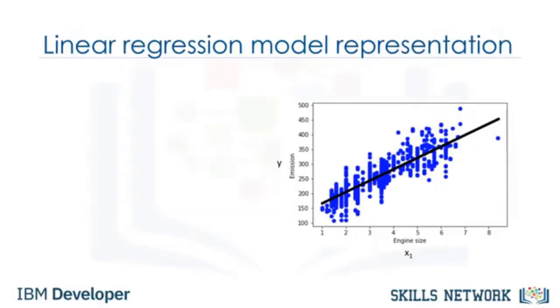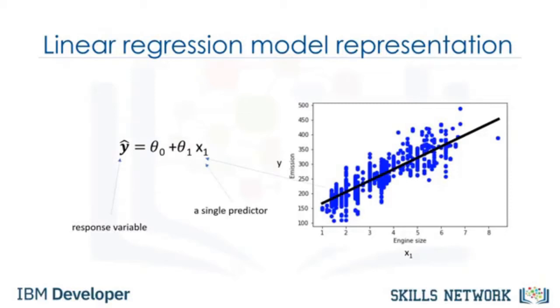Let's talk about what the fitting line actually is. We're going to predict the target value y in our case using the independent variable engine size represented by x1. The fit line is shown traditionally as a polynomial. In a simple regression problem, a single x, the form of the model would be y hat equals theta 0 plus theta 1 x1. In this equation, y hat is the dependent variable or the predicted value and x1 is the independent variable.